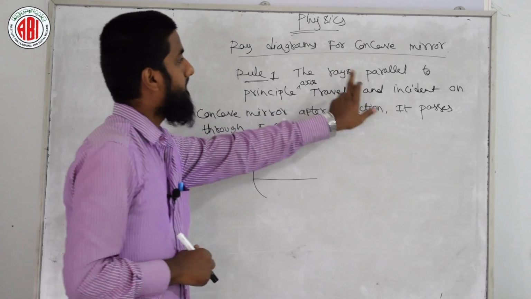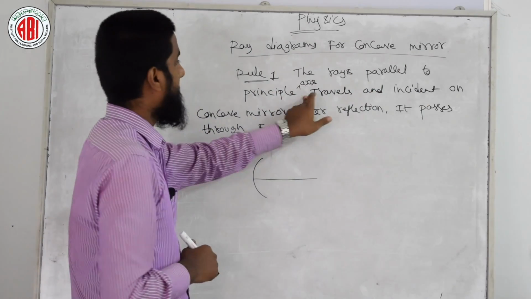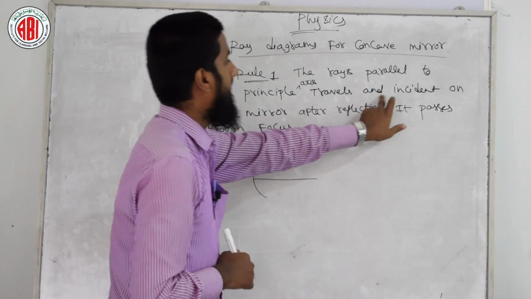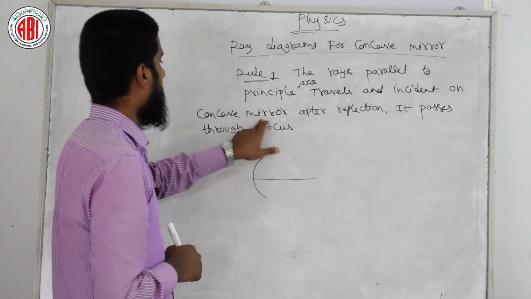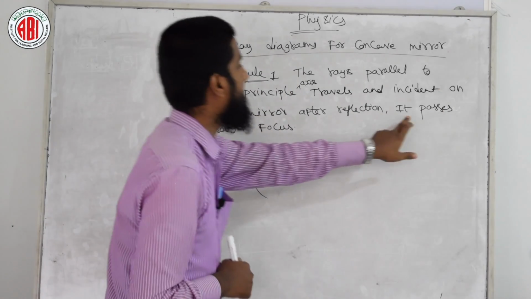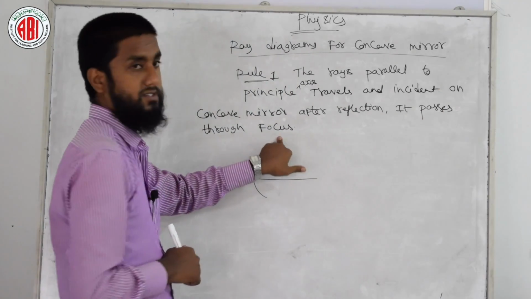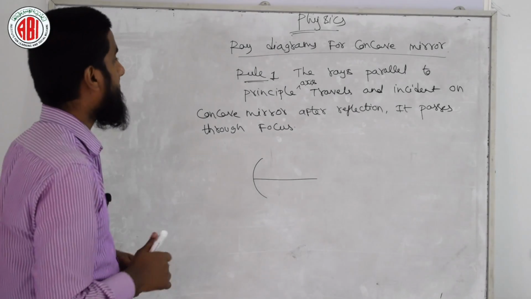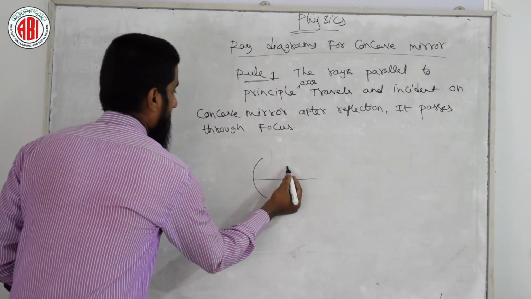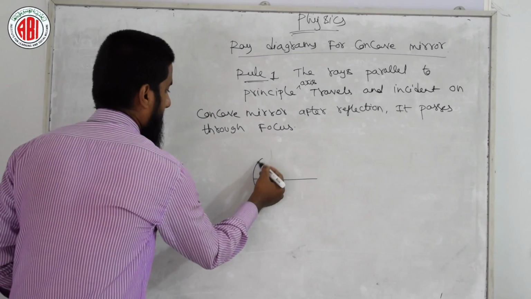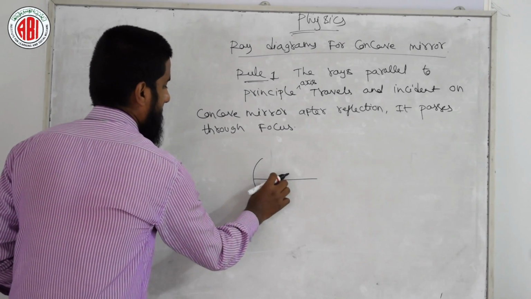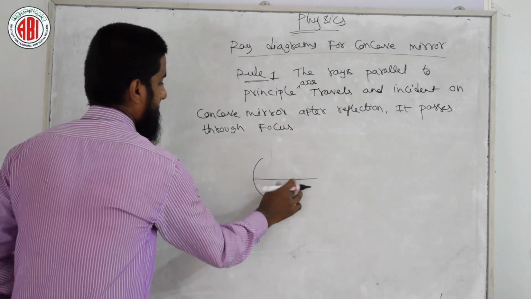Rule 1: the ray travelling parallel to the principal axis and incident on the concave mirror, after reflection, passes through the focus. Diagrammatically, I am representing it. Look here. This is a concave mirror and this is the principal axis.